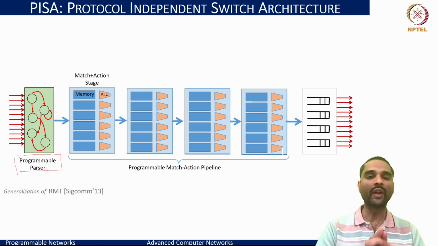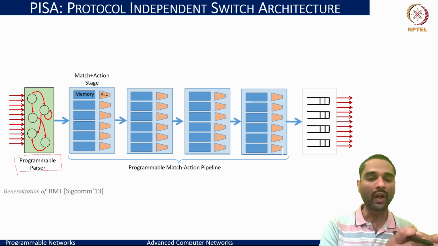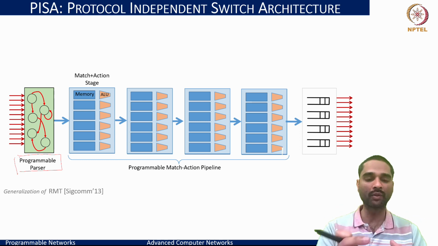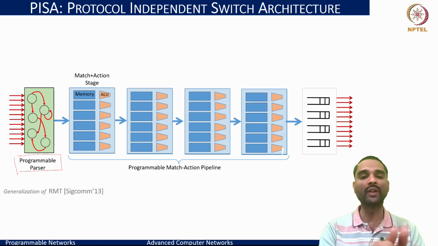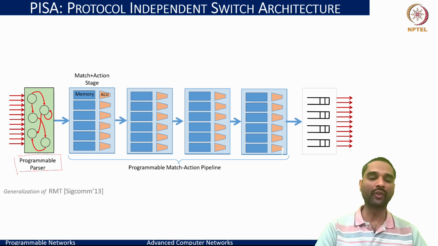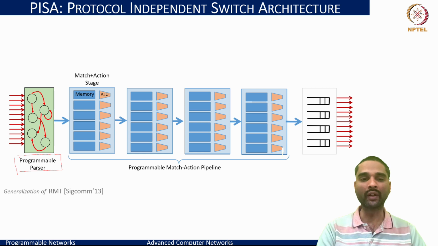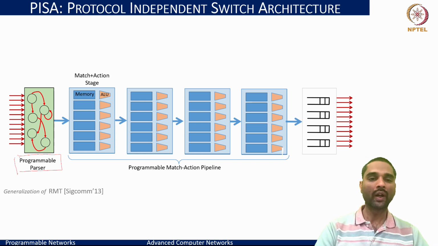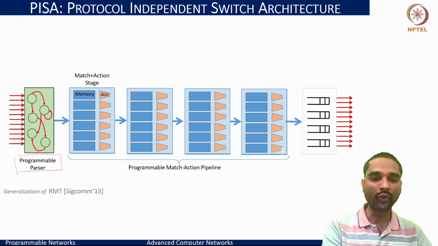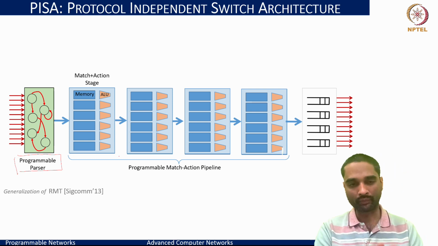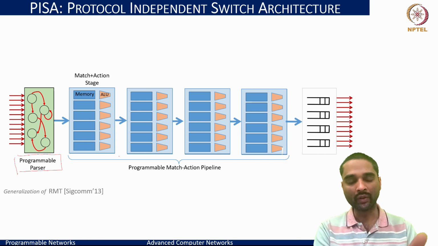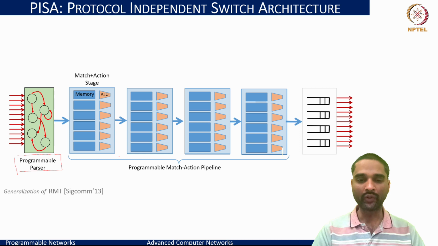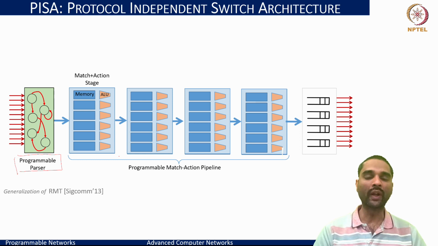So if I build custom headers, I can build the parser so that the device can now recognize the custom header and match, providing these functionalities within its parser's capability to detect and process as the packets arrive. And as a programmer, I would also want to dictate not just that I parse, but what actions I take when I see a particular set of headers that I will encounter.